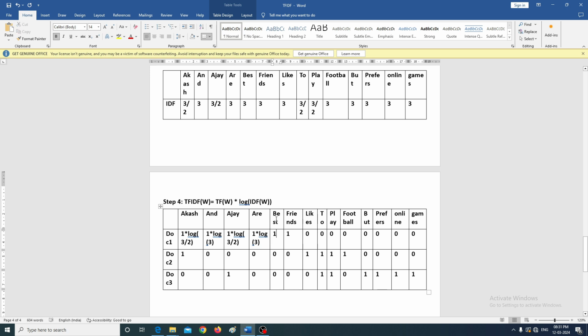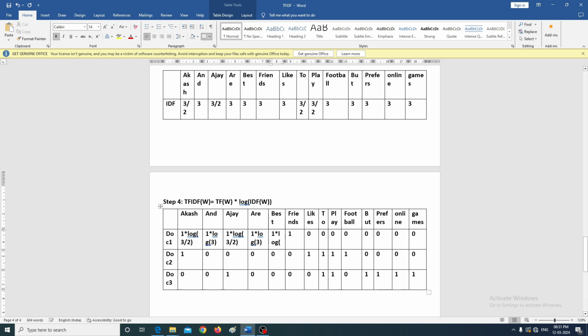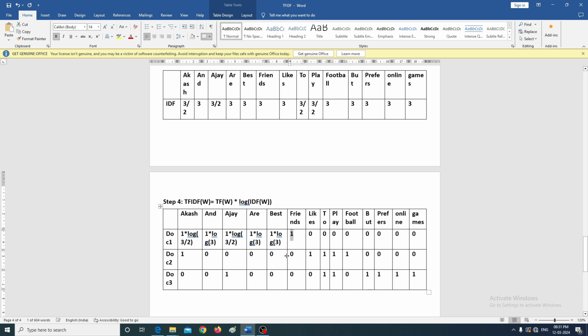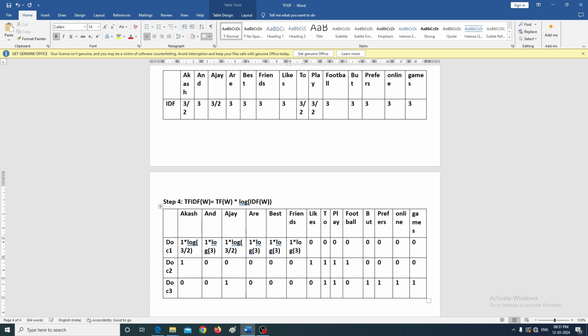I am going to calculate the TF-IDF for best. The term frequency of best is 1, multiplied by log of IDF of best. IDF of best is 3, so I am applying 3 here. Coming to the next word, friends: the IDF of friends is 3. So 1 times log of 3, and I am placing 3 here.